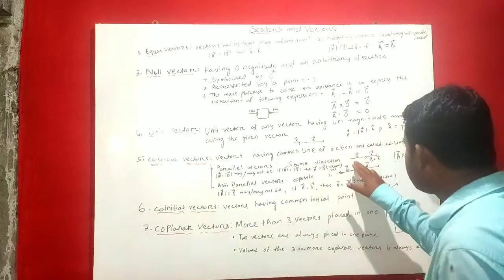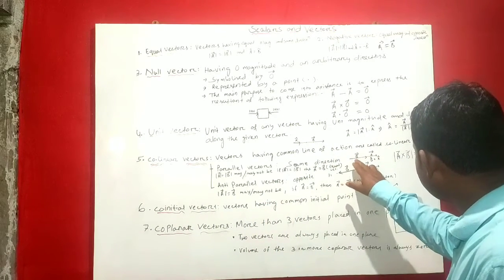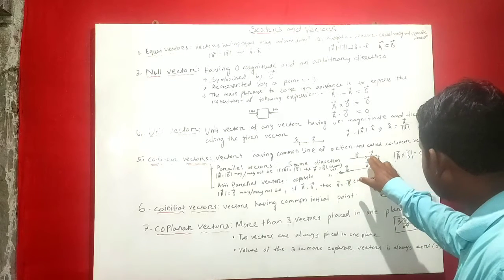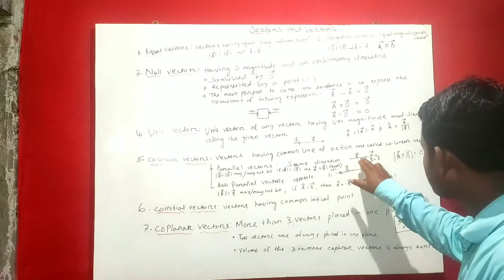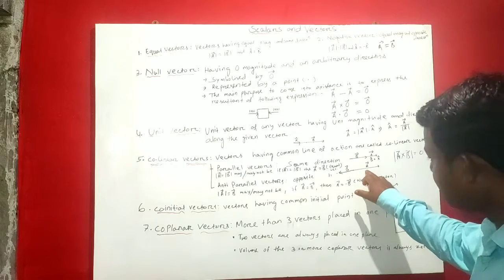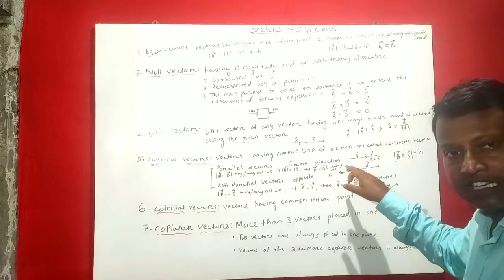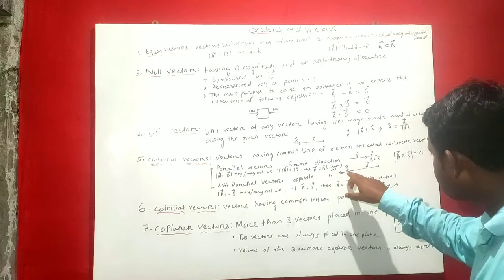We can represent that vector B and vector A can be in the same direction along the same line of action, and maybe B and A are opposite in direction, but the line of action is common, a single line.